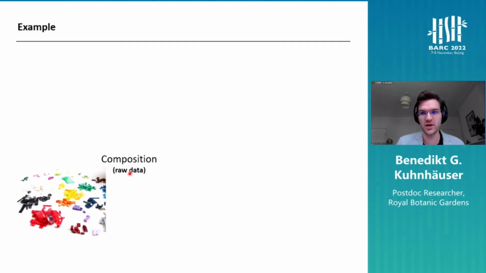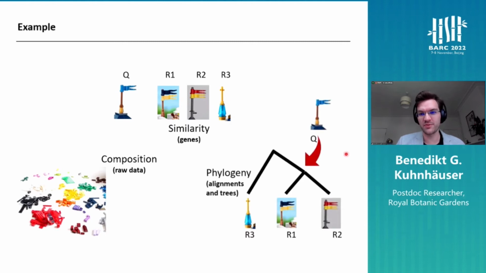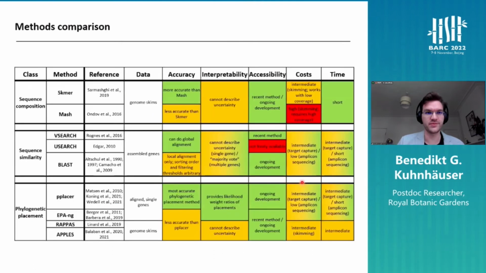So you can equate Lego to genes. Then we have similarity methods. This flag on the castle would be 1 gene, and we just compare how similar these flags are to each other to identify what species we have. And finally, we can take evolutionary relationships into account, and these are then phylogeny-based methods.